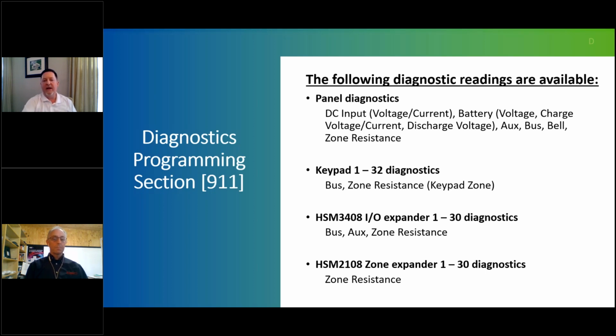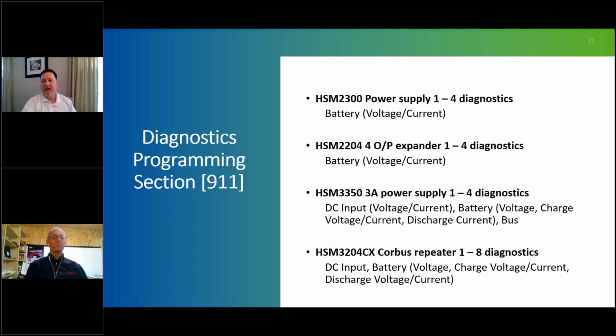We can drill down to each module on the bus and determine all sorts of different information, voltages and resistance values. On the power supplies, we can see what the battery levels are. On the newer power supplies, we can get in and see what the input voltage is, and all sorts of different information available. This will allow you to dig deeper into the panel.